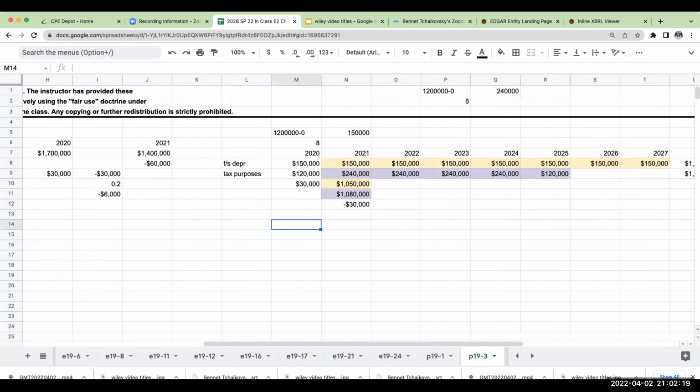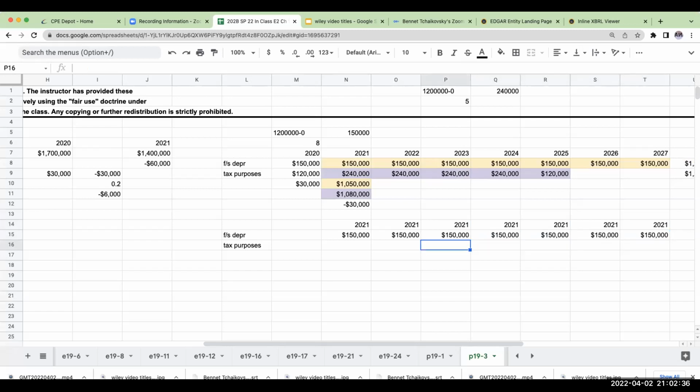So when I look at 2021, what's going to be happening here? Well, my difference is actually now going to be a negative 90,000.